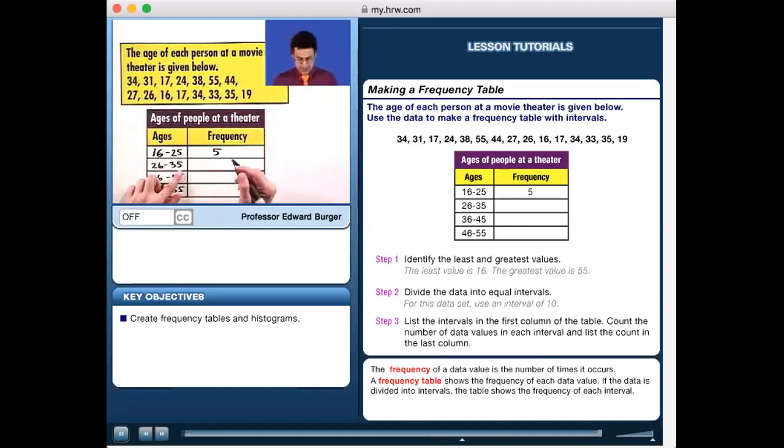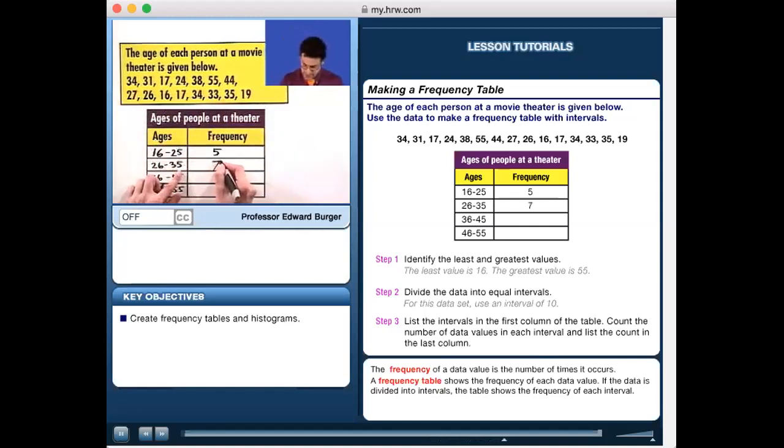26 through 35. Let's try this. 1, 2, 3, 4, 5, 6, 7.